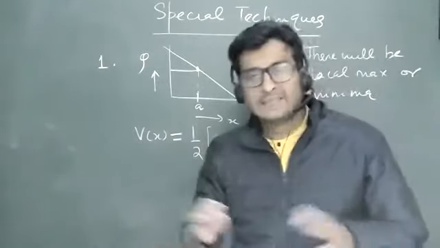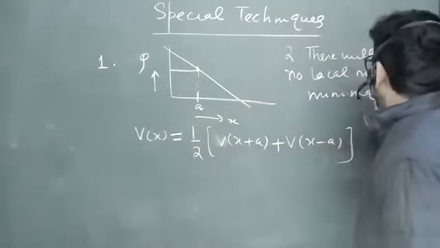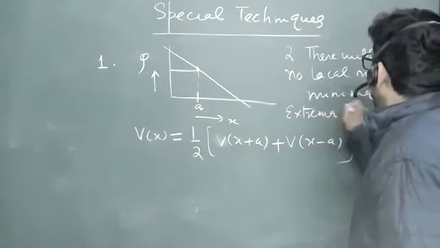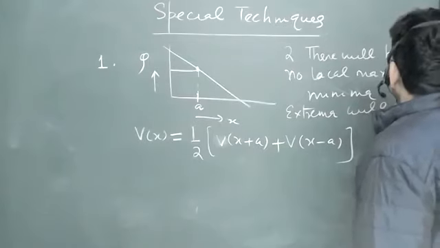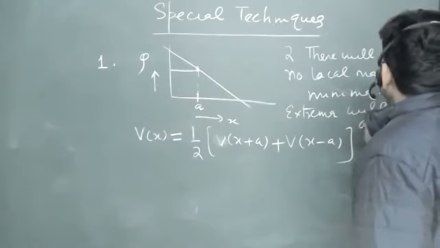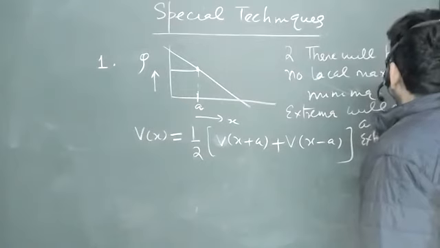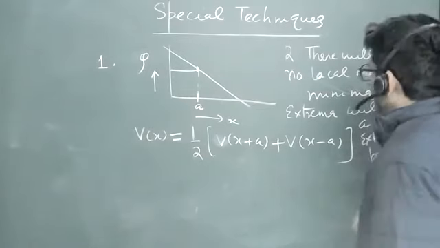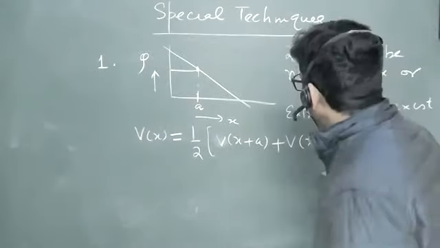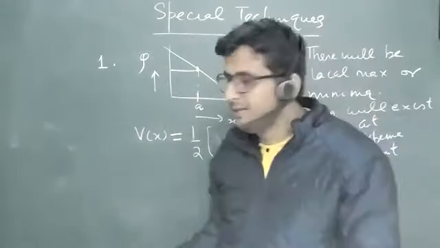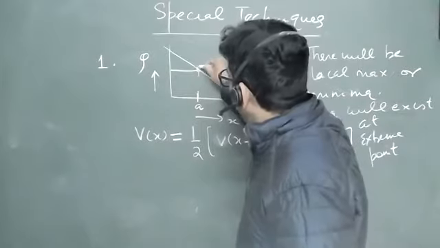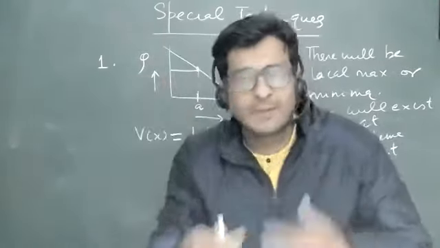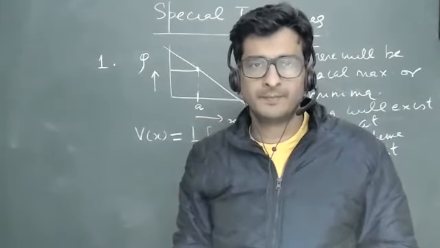Okay, that means local maxima minima नहीं होगा, it means extrema will exist at extreme points only, because if you are claiming that at any point the neighborhood points may give the value at this point, अगर वहां maxima हो फिर तो कभी ऐसा होगा ही नहीं, yes or no?